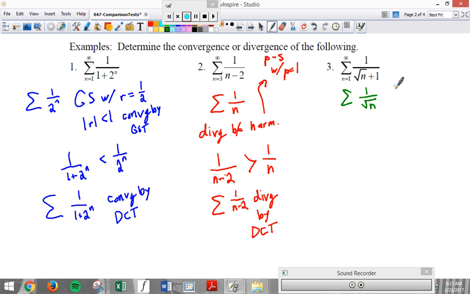If you said or thought that this is a P-series with P equal positive 1/2, not negative 1/2, that's a really big mistake, then we also know that it diverges by the P-series test, because P is less than 1.